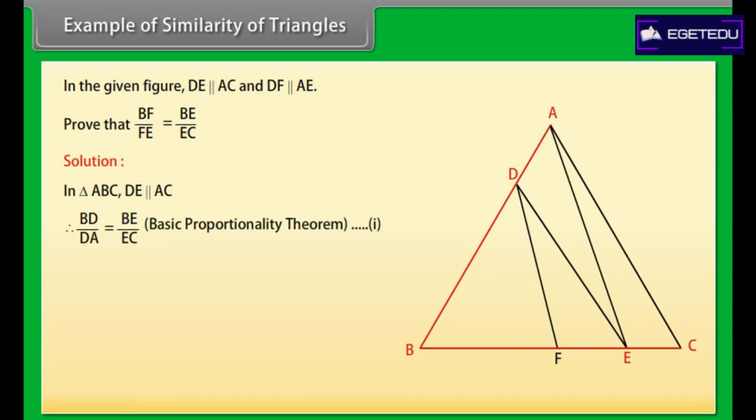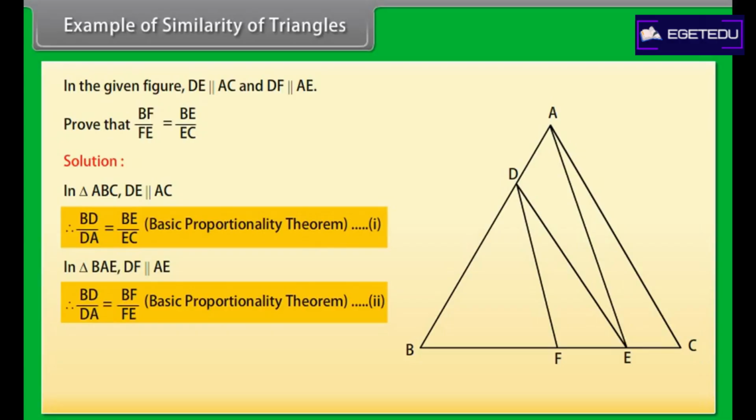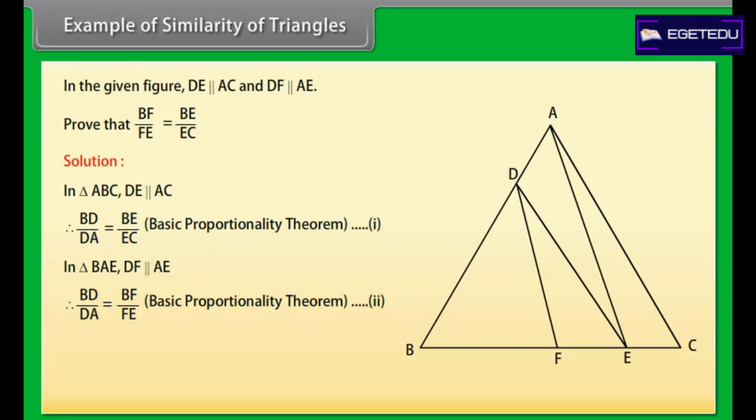Therefore, BD/DA = BE/EC by the basic proportionality theorem. Mark it as 1. In triangle BAE, DF is parallel to AE. Therefore, BD/DA = BF/FE by the basic proportionality theorem. Mark it as 2. Now, from first and second, we obtain BE/EC = BF/FE.